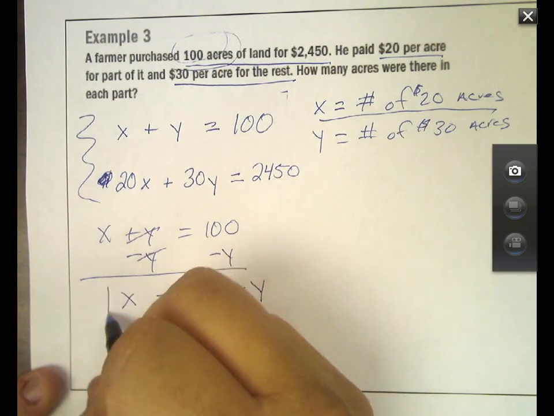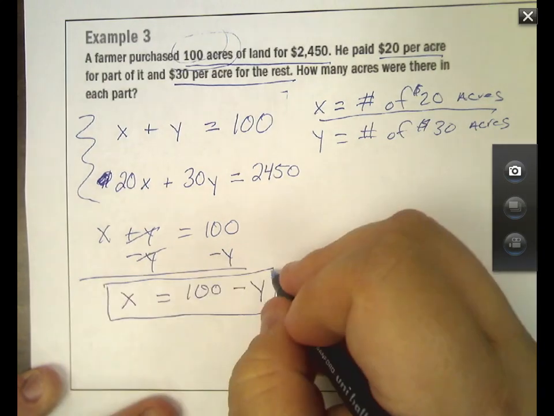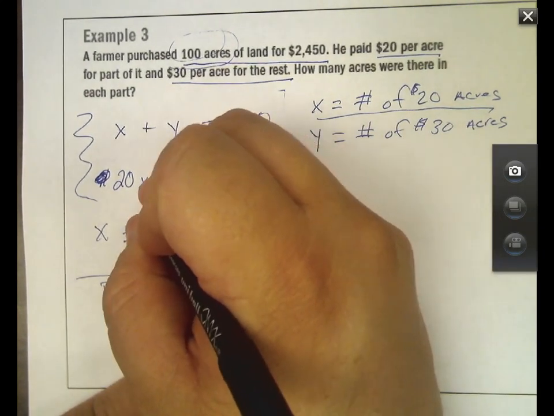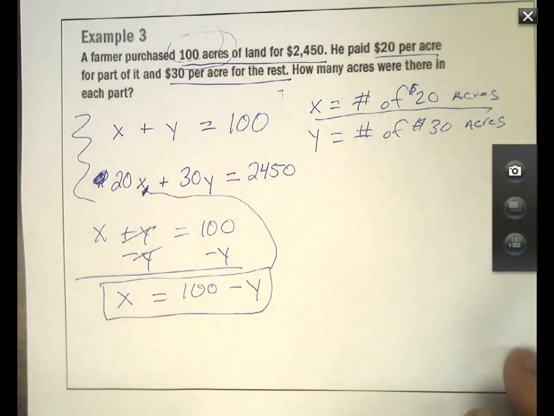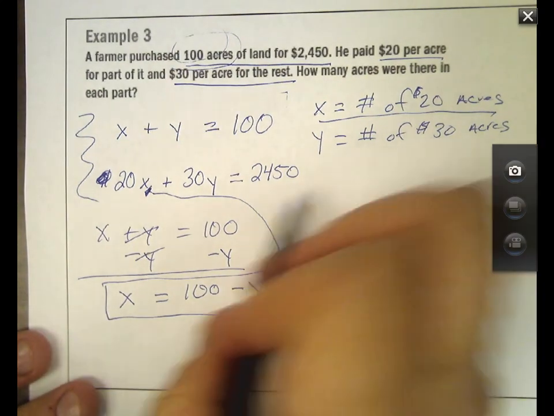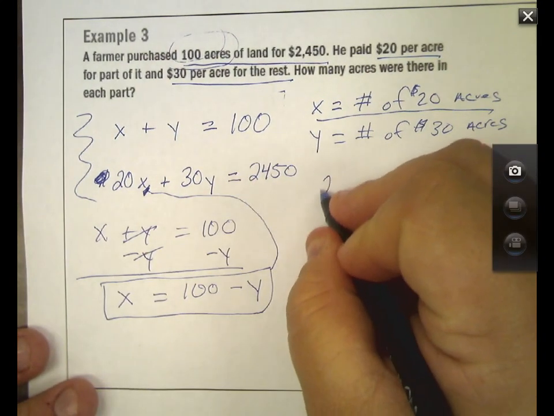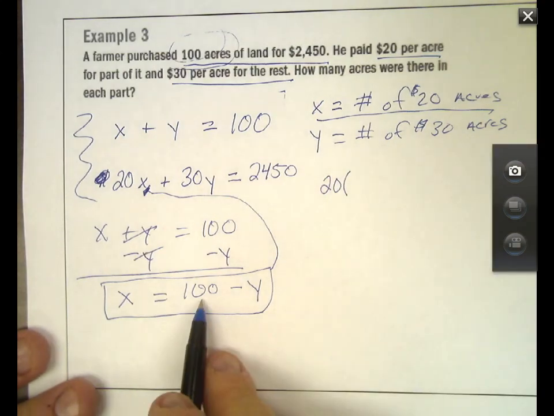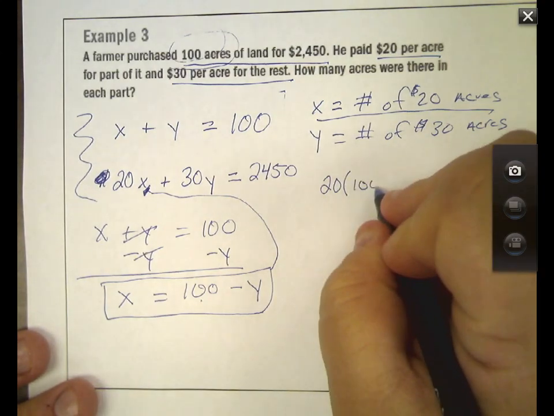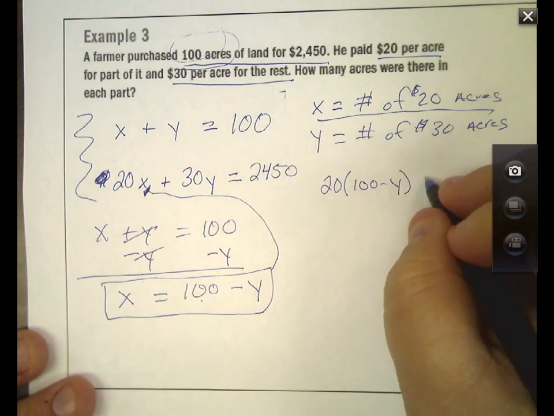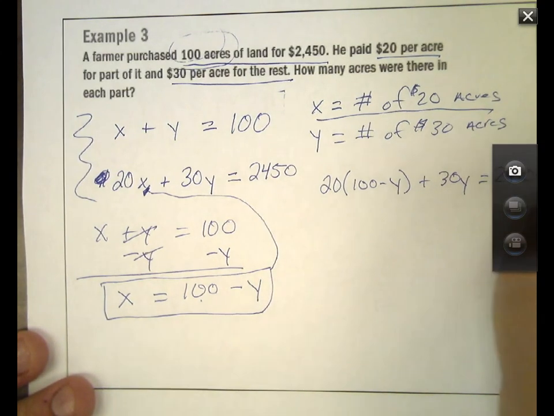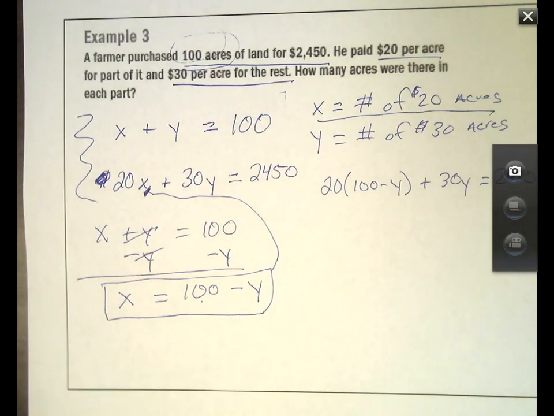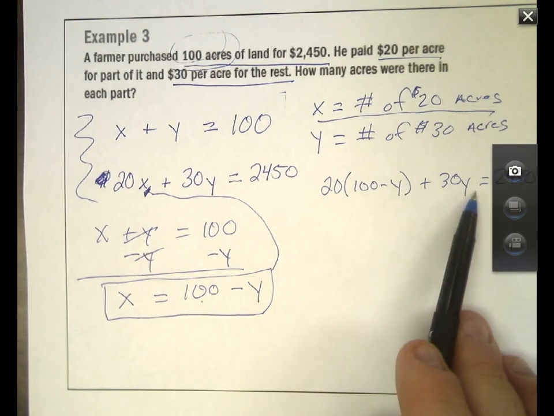I'm going to take this, and wherever I see an X in this equation, I'm going to substitute it for 100 minus Y. So let's go ahead and do that. I'm going to do that over here. I'm going to rewrite the second equation. 20 times X. Well, what's X? 100 minus Y. Plus 30Y equals 2,450. Now, as you can see, I just have one variable.